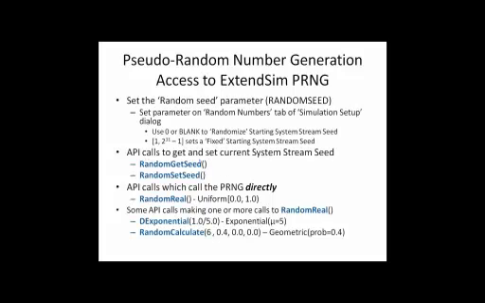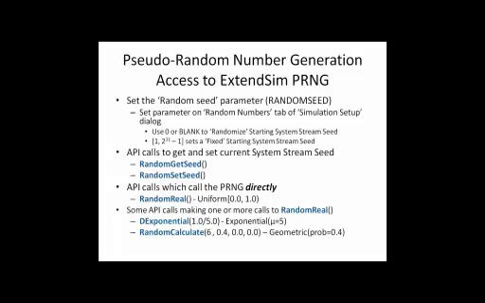Now, next thing is there's a couple of API, or application programming interface, calls that are used to get or set the current system stream seed. One thing we probably didn't mention in the previous slides was that calculating the recurrence equation generates both a new observation random value and the seed for the next time we call it.